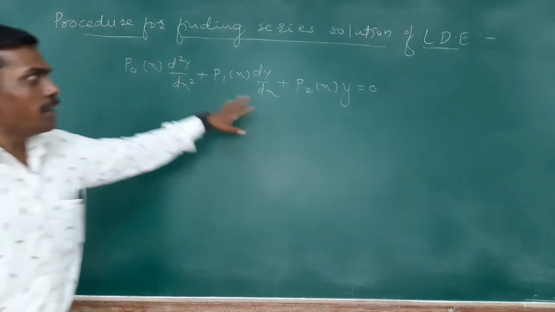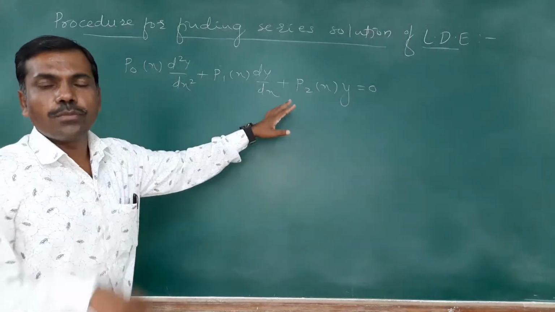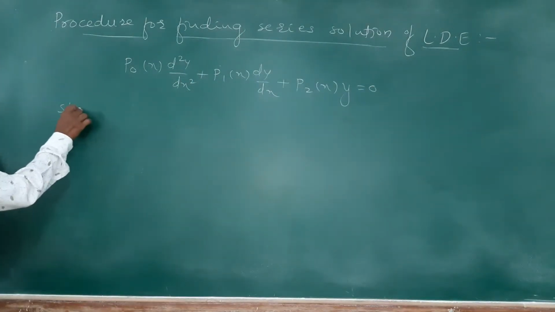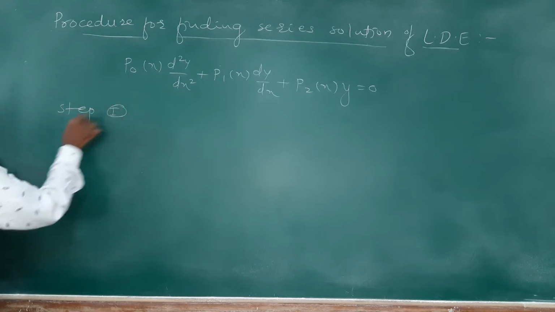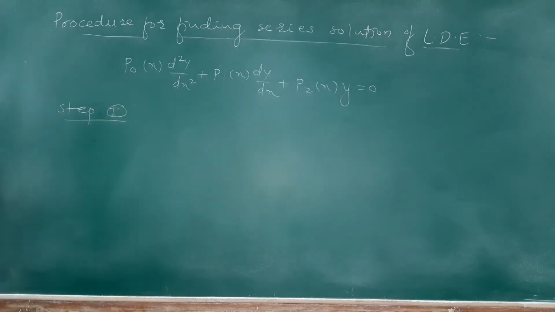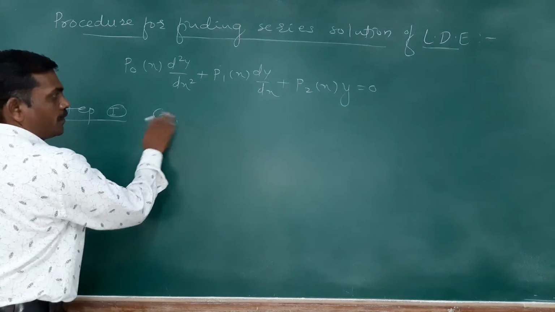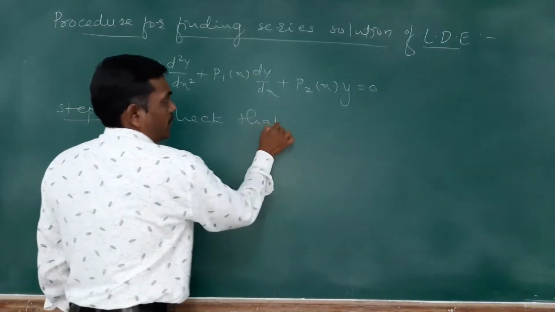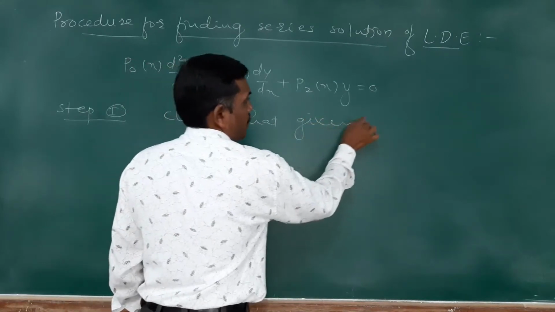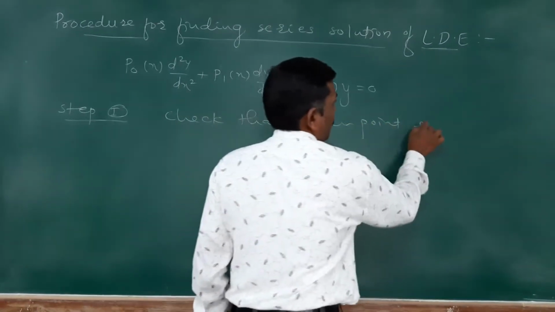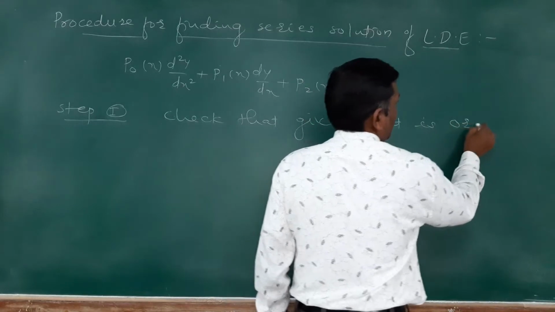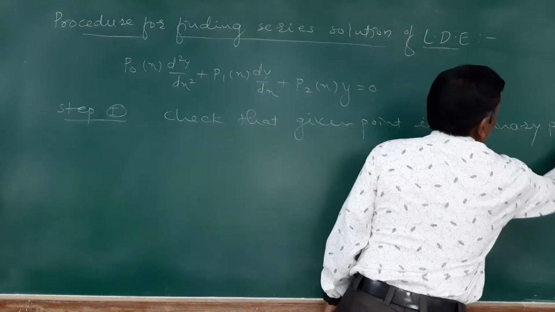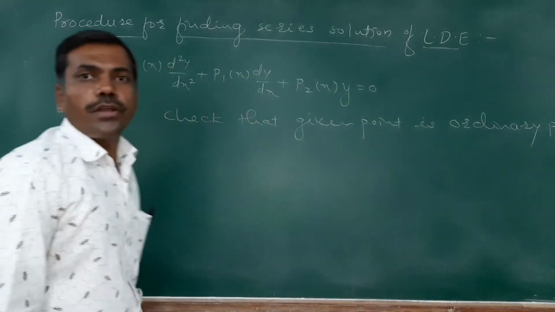Right? Now for this linear differential equation with variable coefficient, step first: check that the given point is an ordinary point. How are we going to check whether the given point is an ordinary point or not?